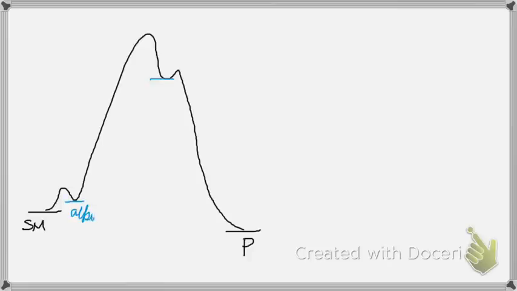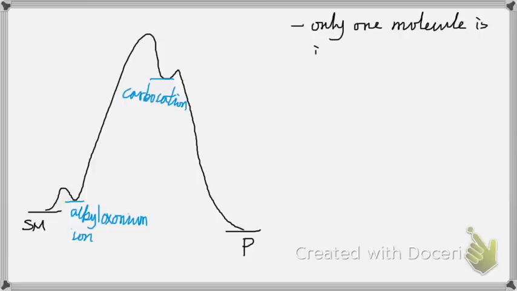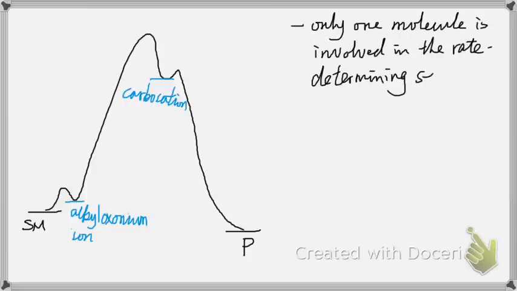The 2 valleys in the energy diagram: first one is the alkyl oxonium ion, second one is the carbocation, the 2 intermediates involved in the reaction, right? For the second step, just now I asked you to look at that second step one more time, right?